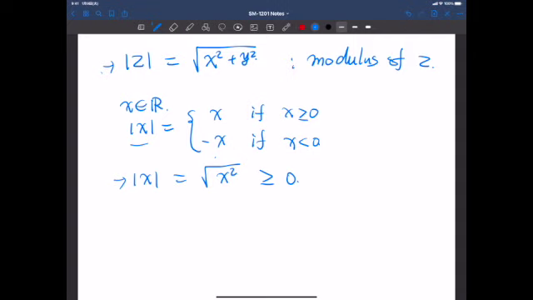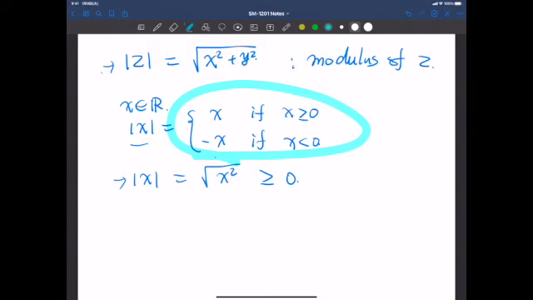Okay. We cannot define the modulus of a complex number in the first way because we cannot order complex numbers. In the case of real numbers, we can arrange all real numbers in one direction. But in the case of complex numbers, there are two dimensions.